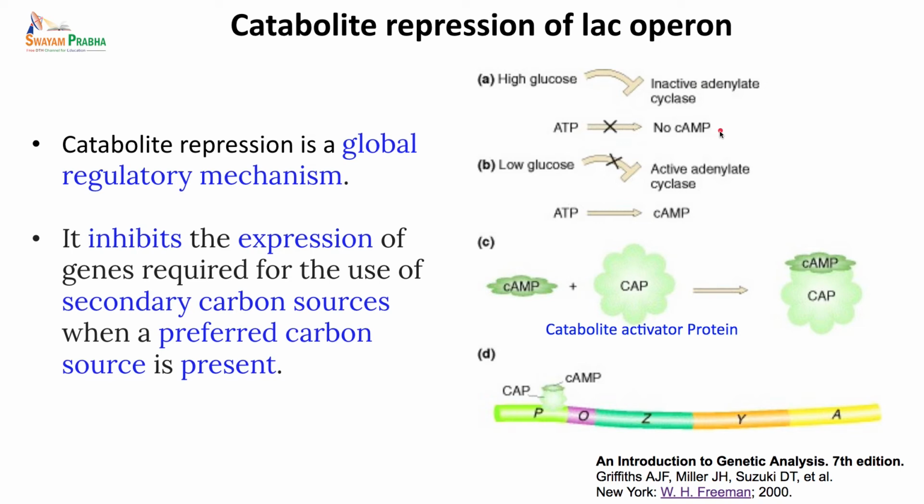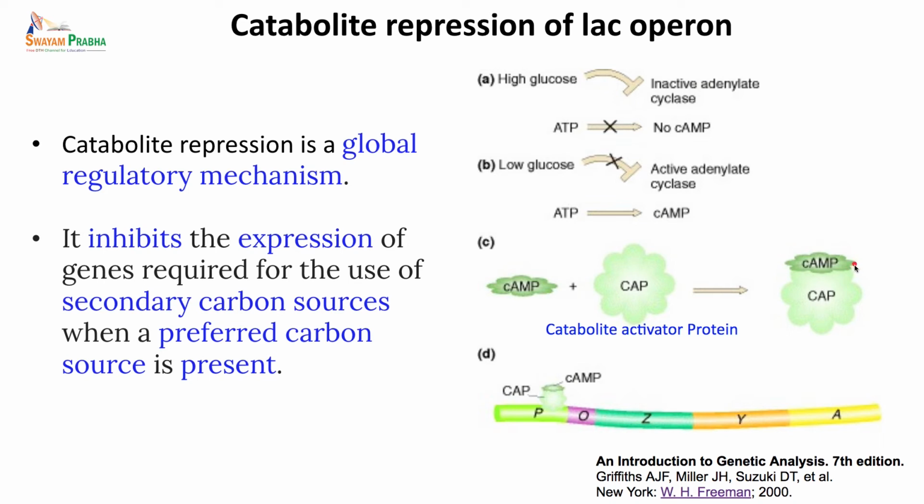However, once the glucose is low, this inhibition is removed. Now your adenylate cyclase is active, and therefore this enzyme will convert ATP to cyclic AMP. This cyclic AMP then binds to a protein which is known as catabolite activator protein, or in short, CAP.